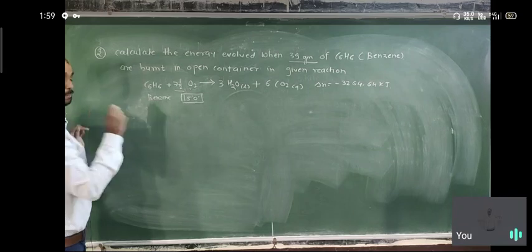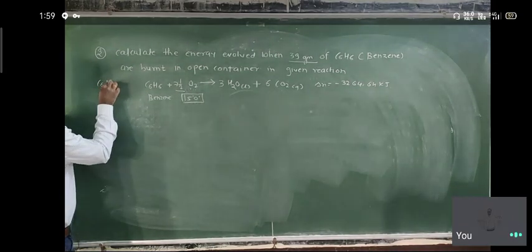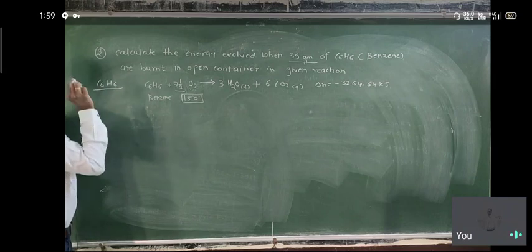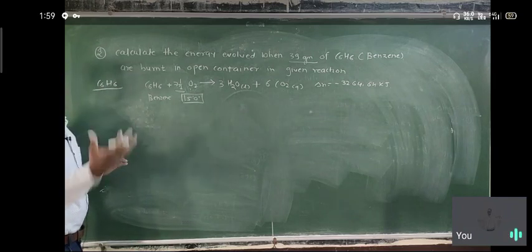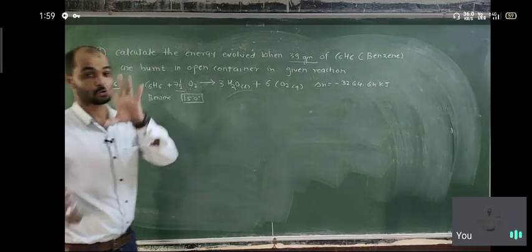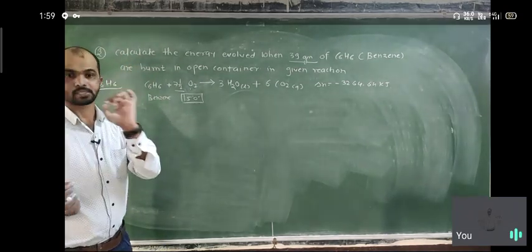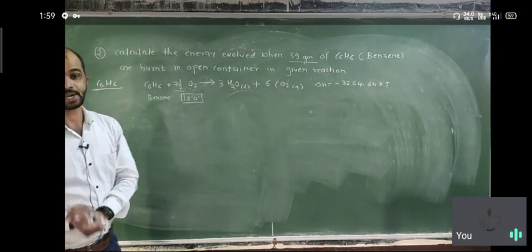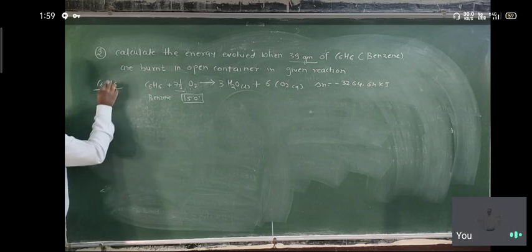So 1 mole of benzene means how many gram? The formula of benzene is C6H6. To convert into number of moles, first we calculate the molecular weight, which is the sum of the atomic weights of the individual atoms. Carbon has atomic weight 12 and hydrogen has 1.